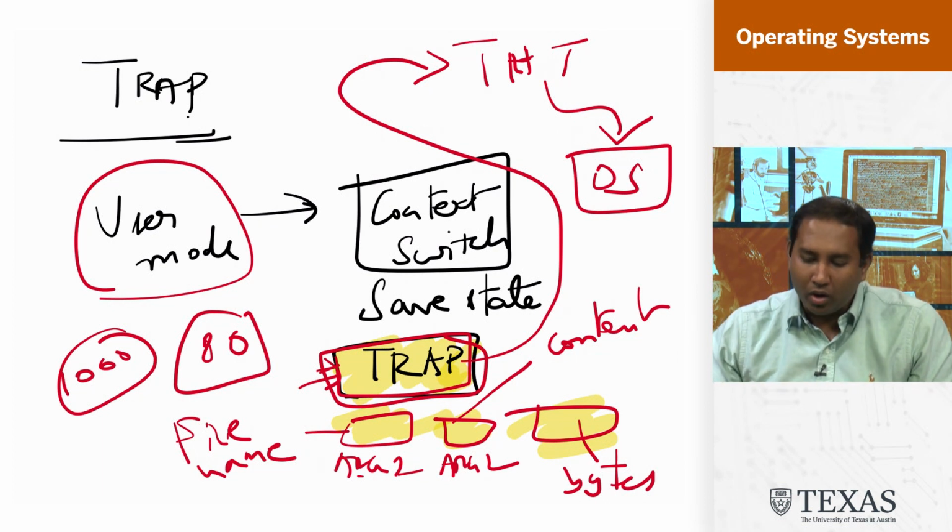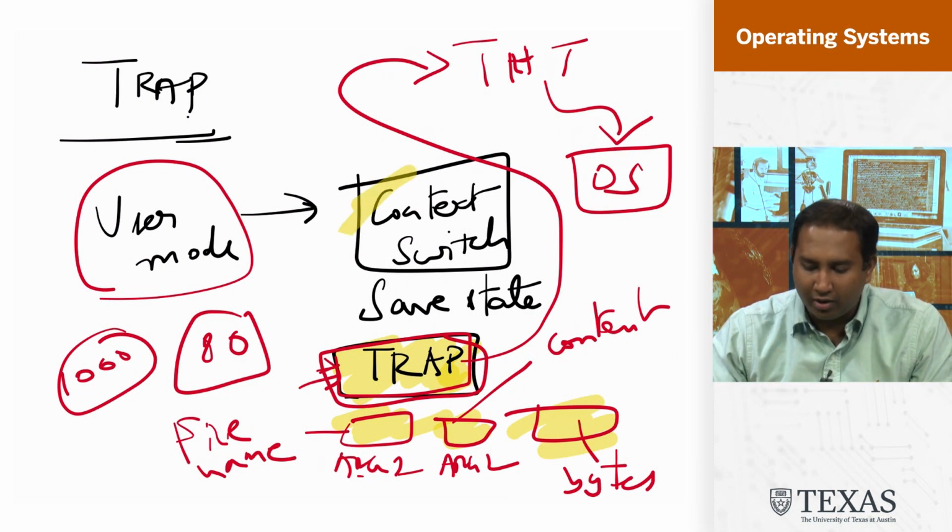And one detail that's required to make all of this happen is the context switch. So now you see that the context switch is really an important part of how a trap and a system call works. So next we're going to learn how a context switch works, and how we can run process 1 for some time and then switch to process 2 and still have everything work in our system.